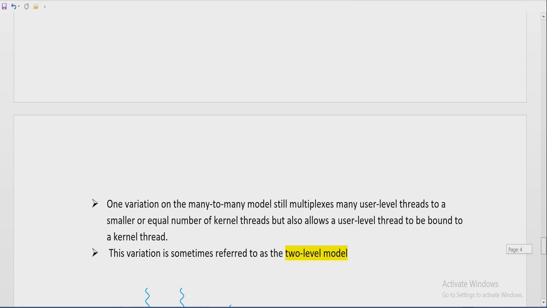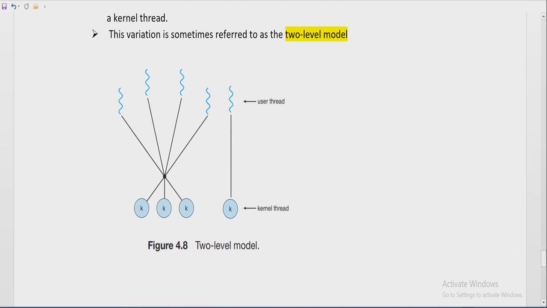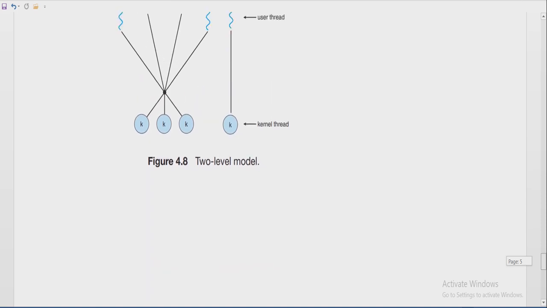See this diagram here: many user threads are mapped into an equal or smaller number of kernel threads, plus in addition one user thread is associated to one kernel thread. So this is a two-level model. Okay, so that's all about multi-threading.